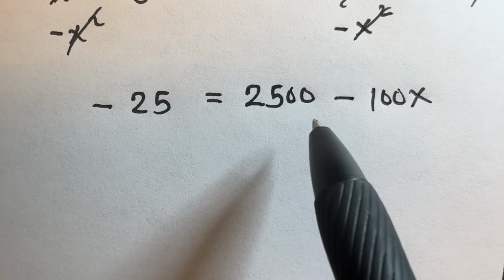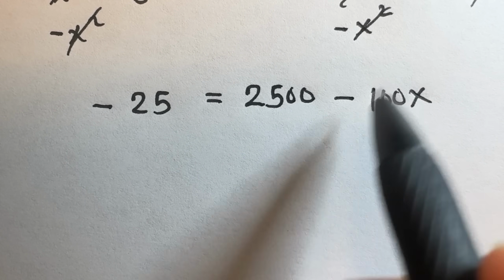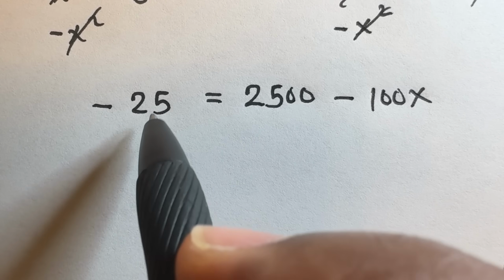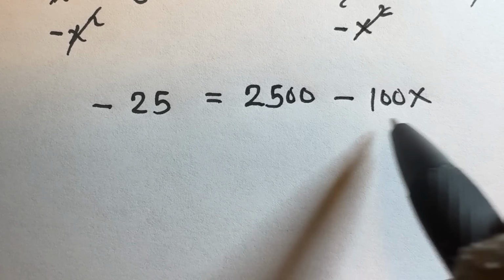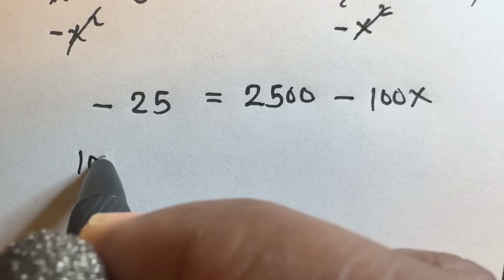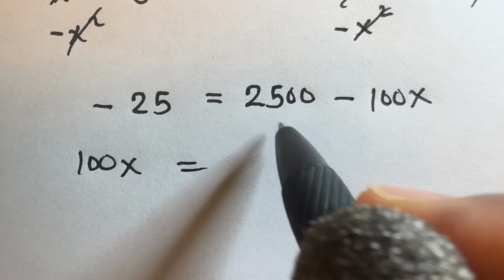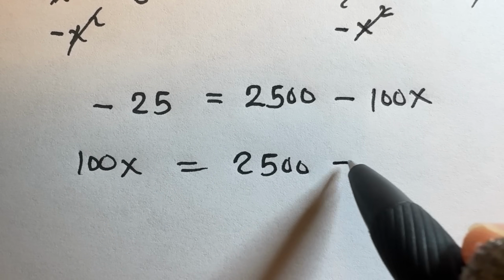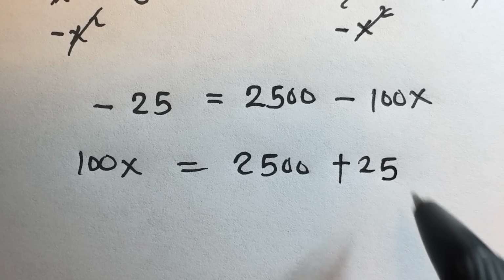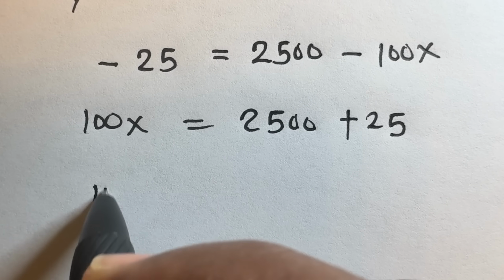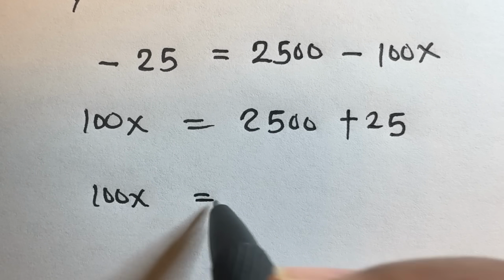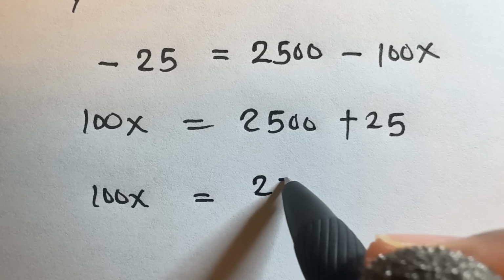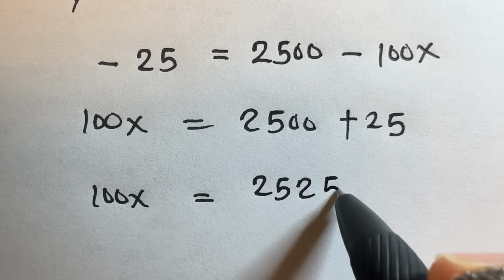From here, let us move this to the left and then bring this to the right. So we have 100x is equal to 2500 plus 25. So we have 100x is equal to, this will be 2525.